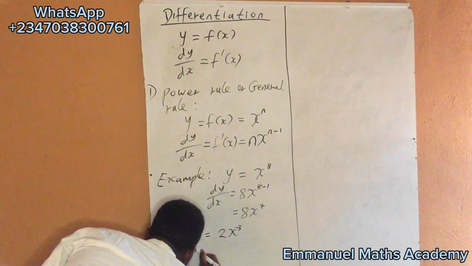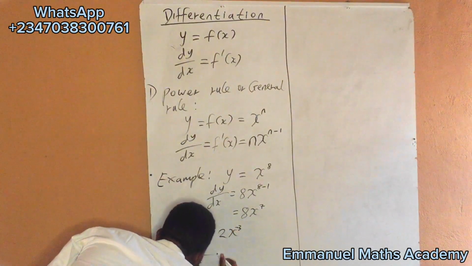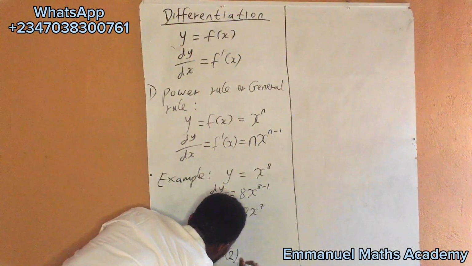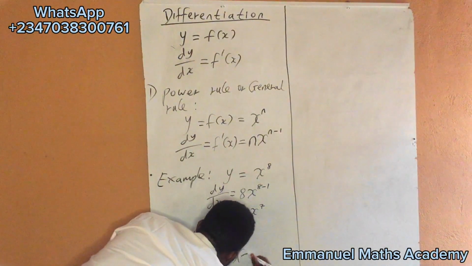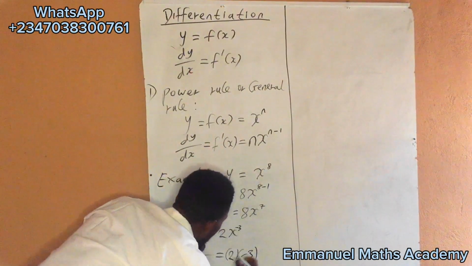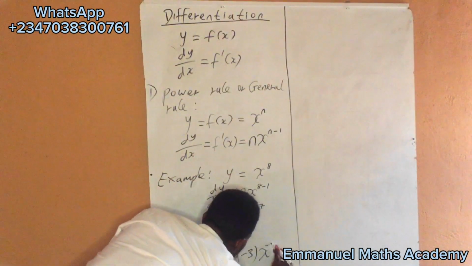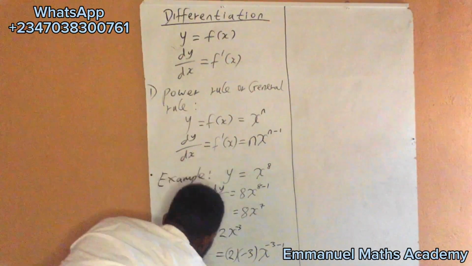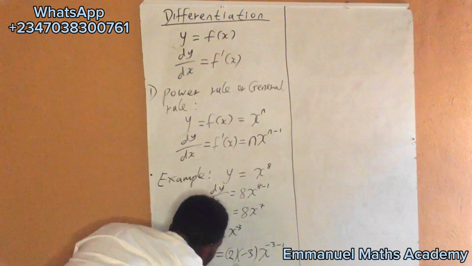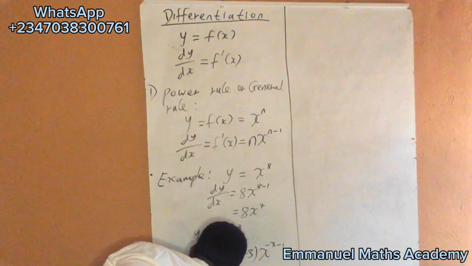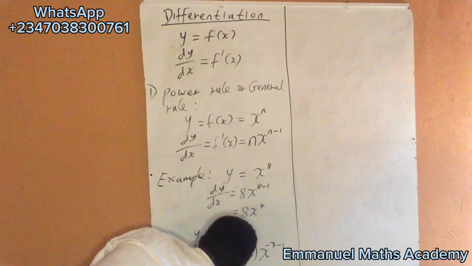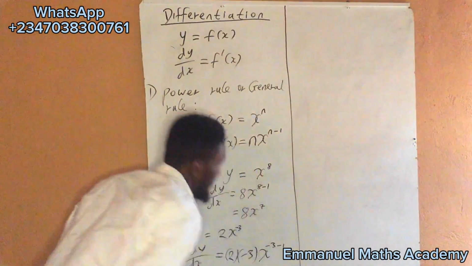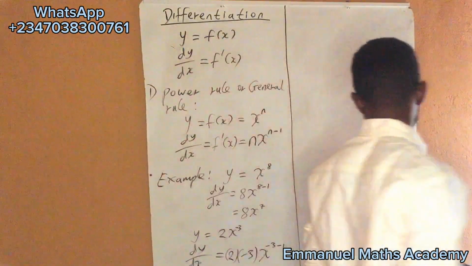Then the dy/dx is equal to what? 2 multiplied by the power, which is minus 3, times x power minus 3 minus 1. Here now becomes what? 2 times minus 3 will give you minus 6. x power minus 3 minus 1 will give you minus 4. This is your dy/dx.